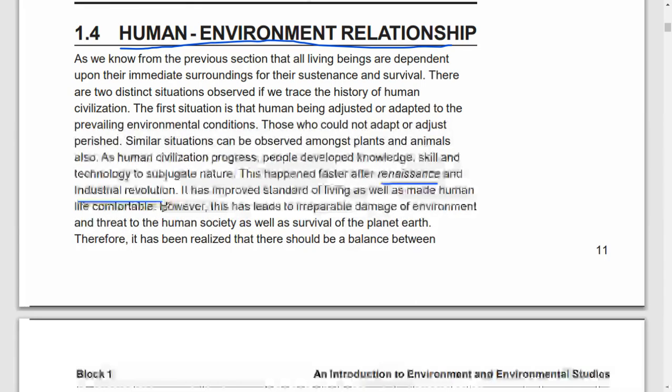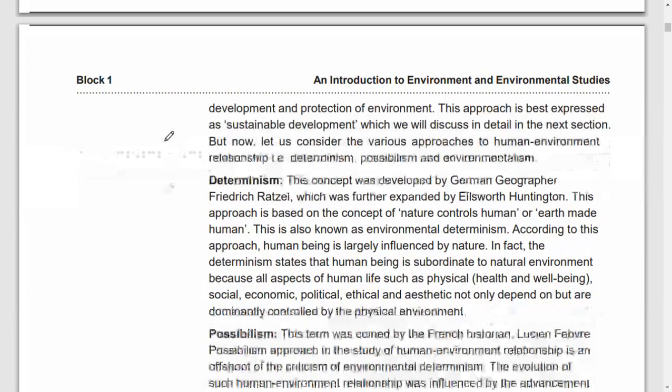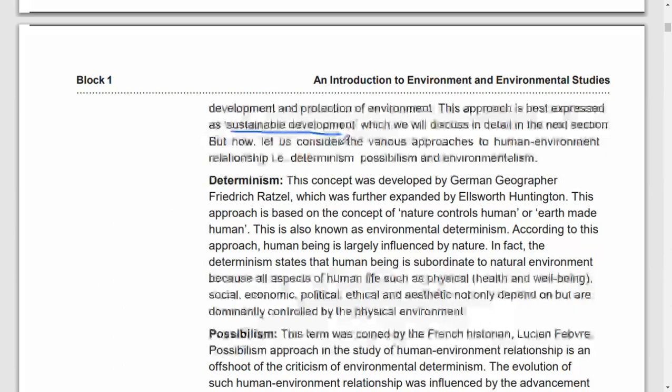Therefore, it has been realized that there should be a balance between development and protection of environment. This approach is best expressed as sustainable development, which we will discuss in detail in the next section.